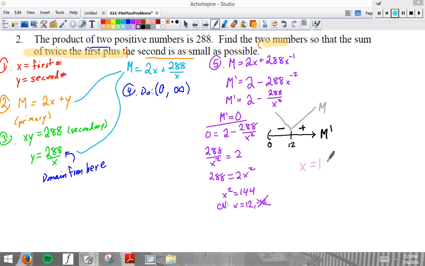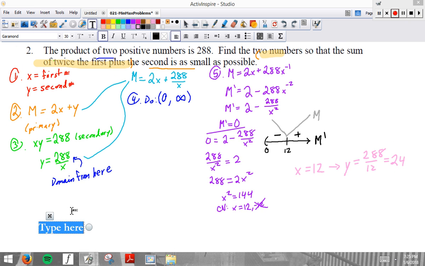So we'll use x equals 12, y equals 288 over 12. What you don't have to know, you could leave 288 over 12, but it is in fact 24.